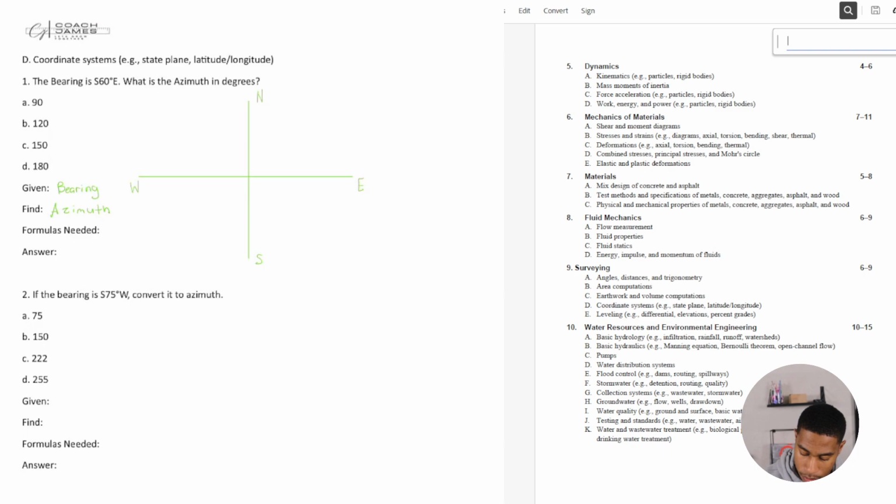So it says the bearing is south 60 east. So I know for a fact that it can only be in this quadrant, right? Does that make sense? That's the southeast quadrant. I draw my line in here.